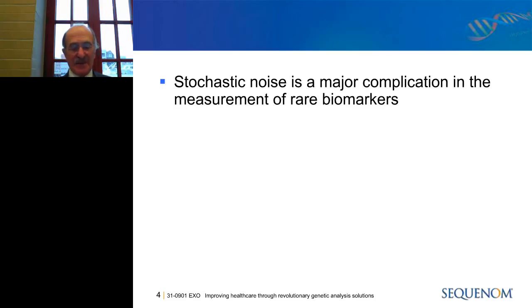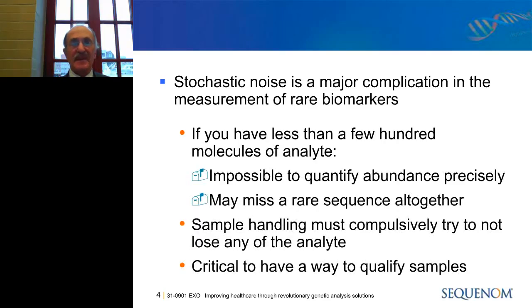This leads to a fundamental physical problem called stochastic noise. If on average you have very few molecules and you take a sample, then because of statistical fluctuations, it's impossible to, in a single sample, get a precise representation of the true abundance. And this stochastic noise scales as the square root of the average number of molecules. So if I have 100 molecules, my standard deviation will be plus or minus 10.